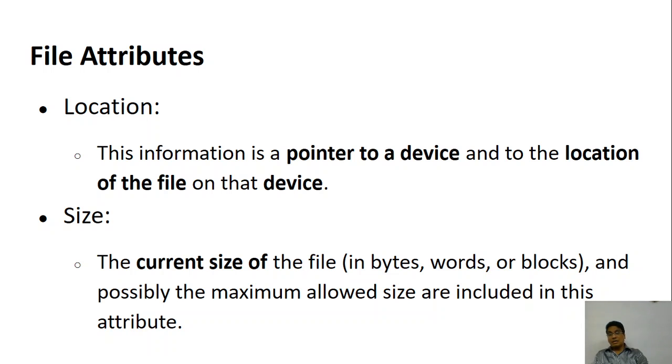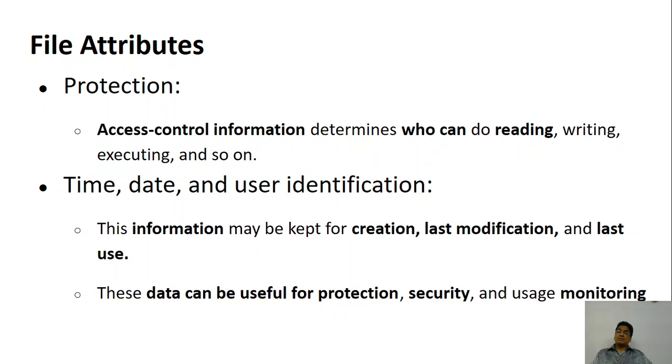That is also an attribute. Next one is protection. Protection is the access control: who can access it, and what type of operation they can perform. Can they read, write, modify, or execute a particular program? All these are nothing but protection.